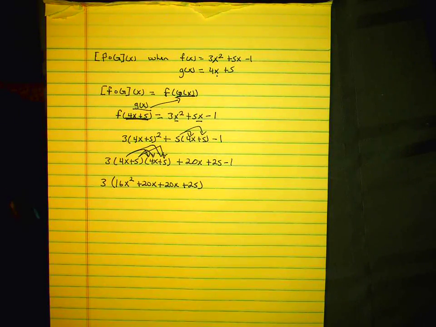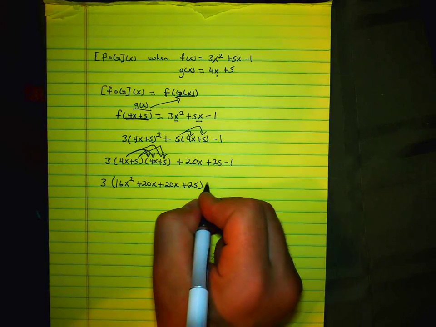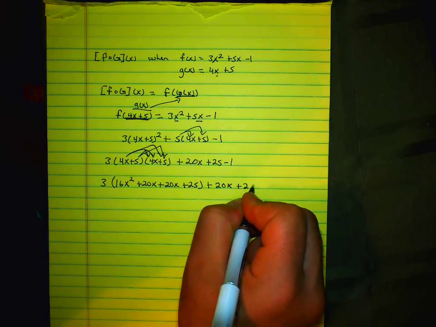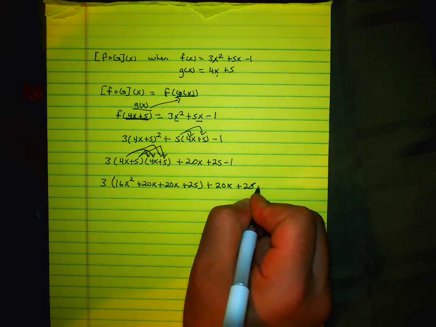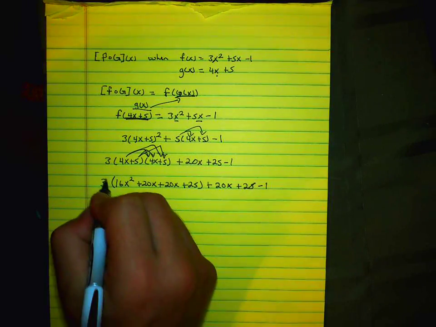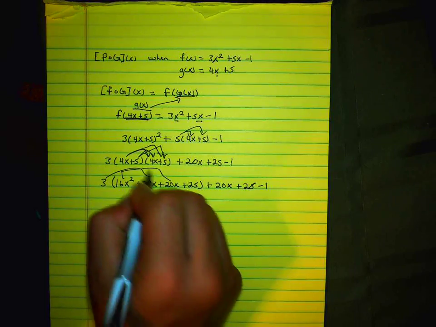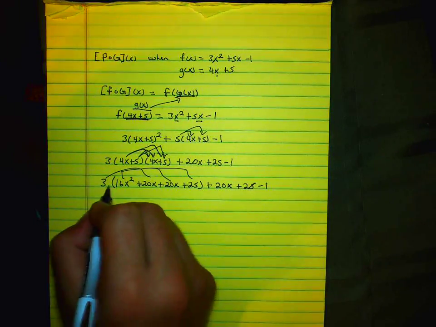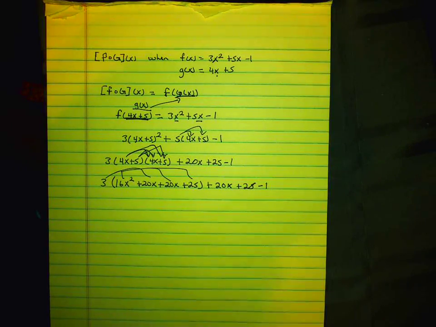Now this is all still contained inside of these parentheses. If I don't contain it inside the parentheses, we're in trouble. Alright? So now I've still got my add 20x on the outside, plus 25 here, minus 1. Go ahead and I'm going to FOIL this all the way through, and I'm going to make a big old mess. When I do that, I'm going to FOIL all of this and combine like terms.